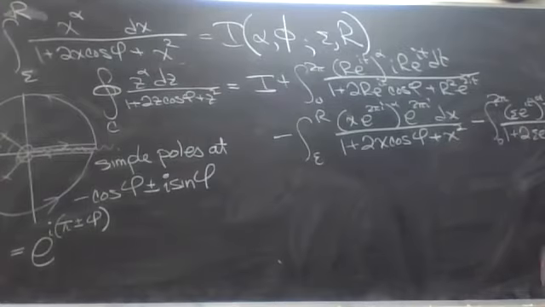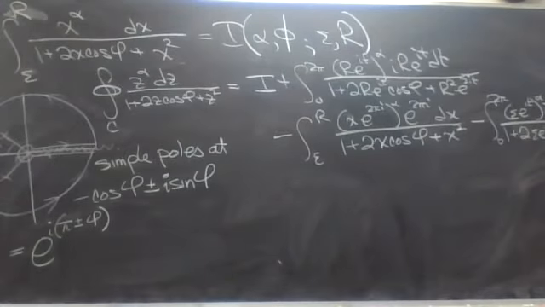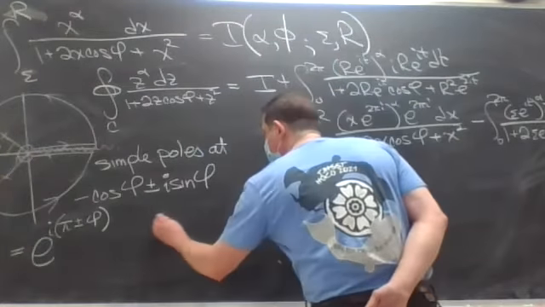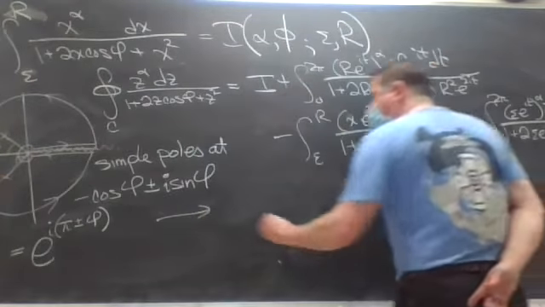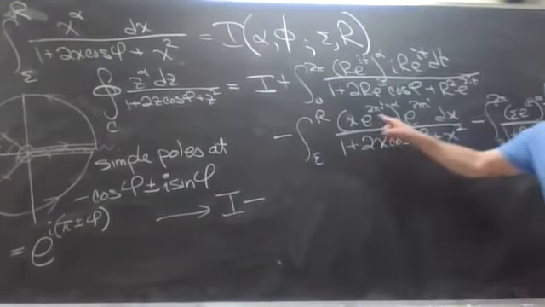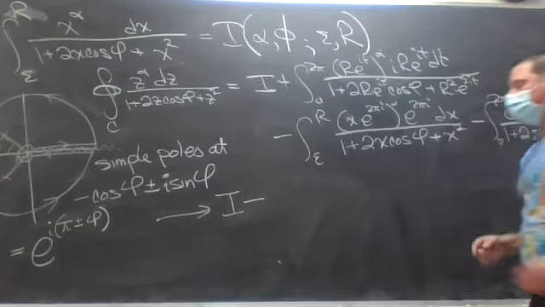Now I'm interested in this integral when epsilon goes to 0 and R tends to infinity. So I'll have I minus e to the 2 pi i alpha I.